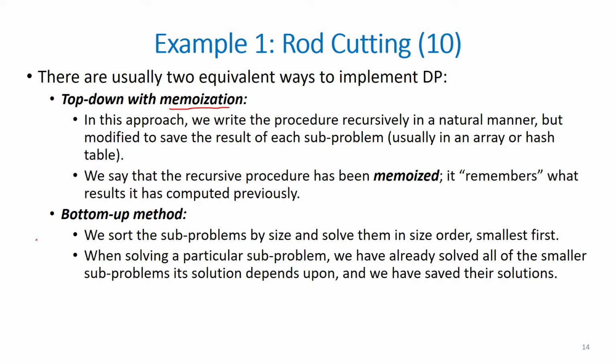The second approach is a bottom-up approach where we sort the subproblems by size and then solve them in the order of smallest to biggest size value. Since we start with the smallest size subproblem, we know the solution to any larger problem can be easily obtained as it depends on the previously solved smaller problems that have been stored.